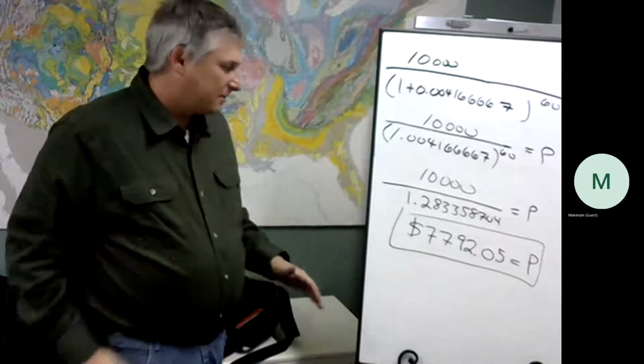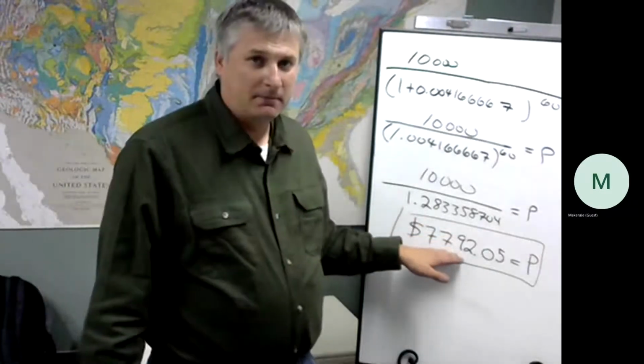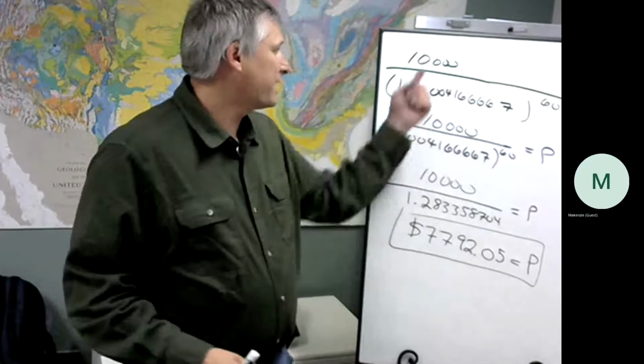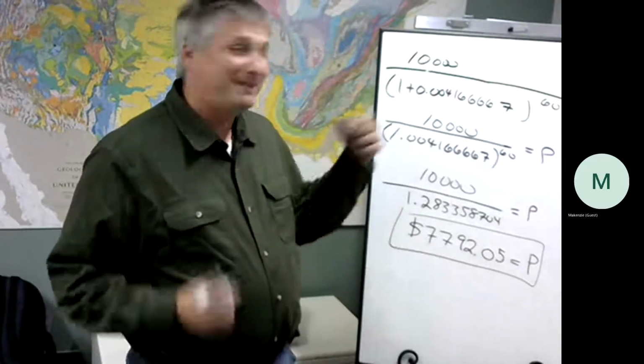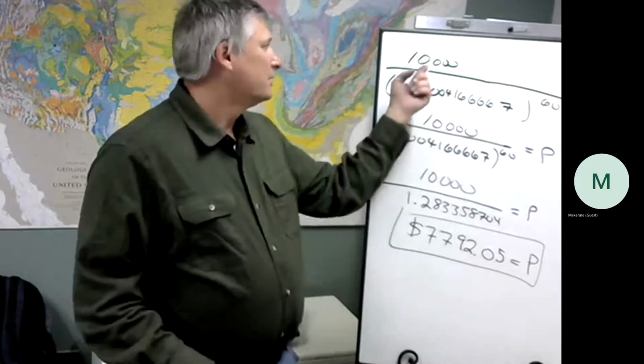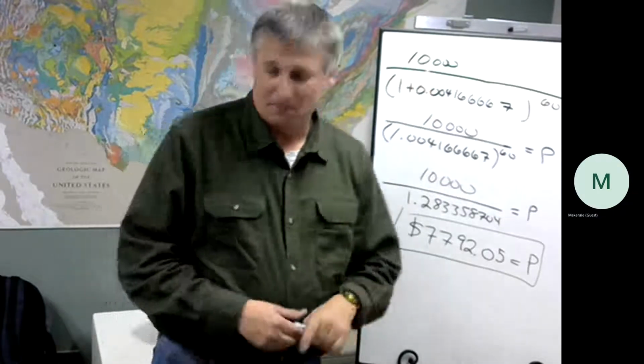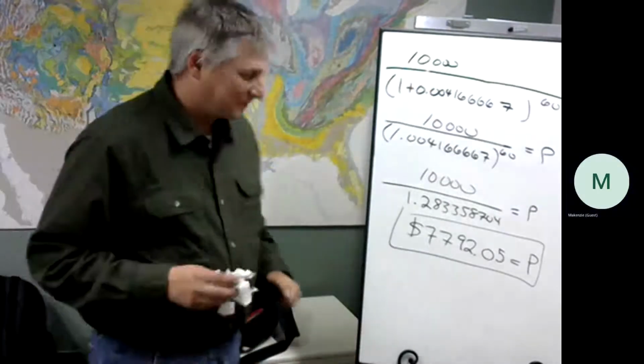So, in other words, if we deposit this money, 5 years from now we're going to have $10,000. So this is what we need to deposit today in the present to reach our goal in the future. All right. So that's one sort of application of this.